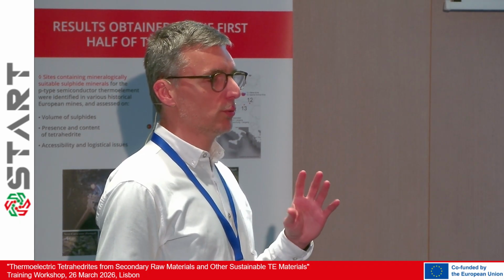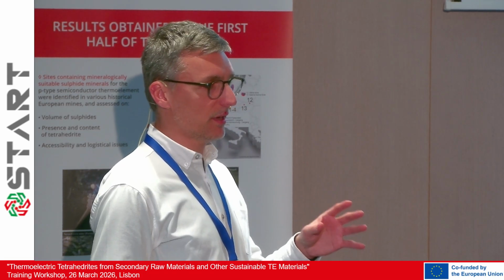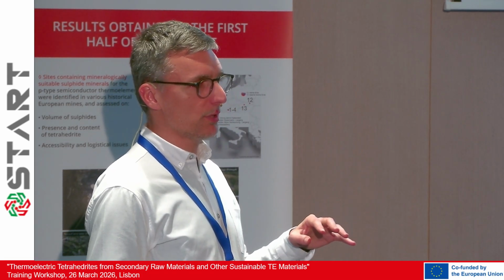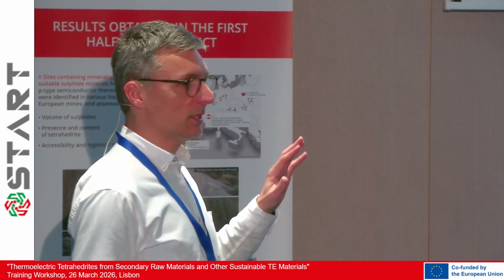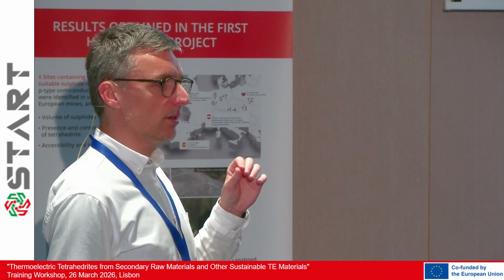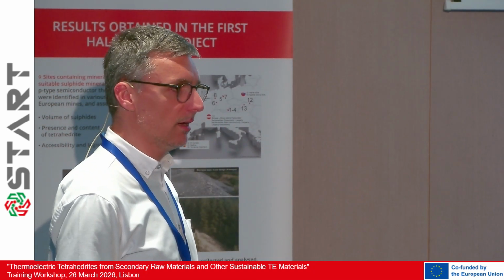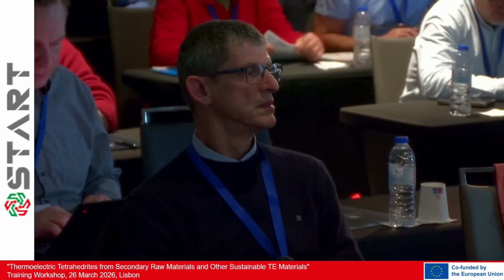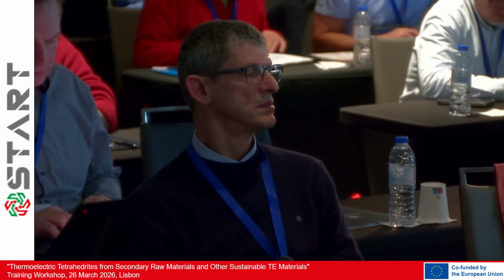So what we do is extrapolate many of these factors and incorporate them as part of the tetrahedrite. In this case, we are assuming the expectancy of tetrahedrite becoming a sort of mass production, but it's not necessarily there yet. So we have this taken into account in the model. Okay, thank you.